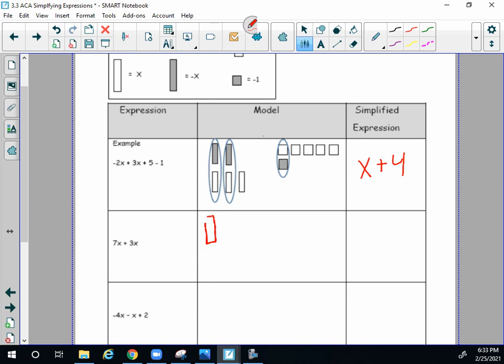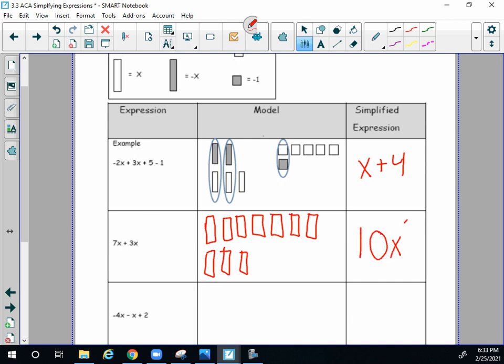So I'm going to draw 7 x's, 1, 2, 3, 4, 5, 6, 7, and then I'm going to add 3 more positive x's, 1, 2, 3, and I'm going to count up all of my x's that I have now, and I get 1, 2, 3, 4, 5, 6, 7, 8, 9, 10 x's. So my new expression is 10x.